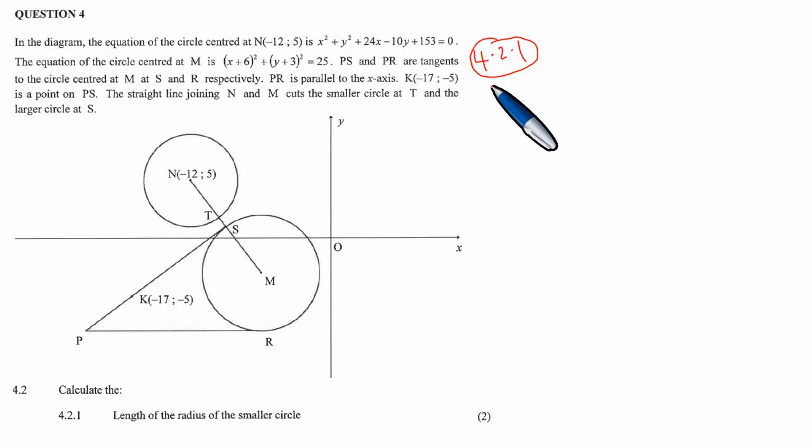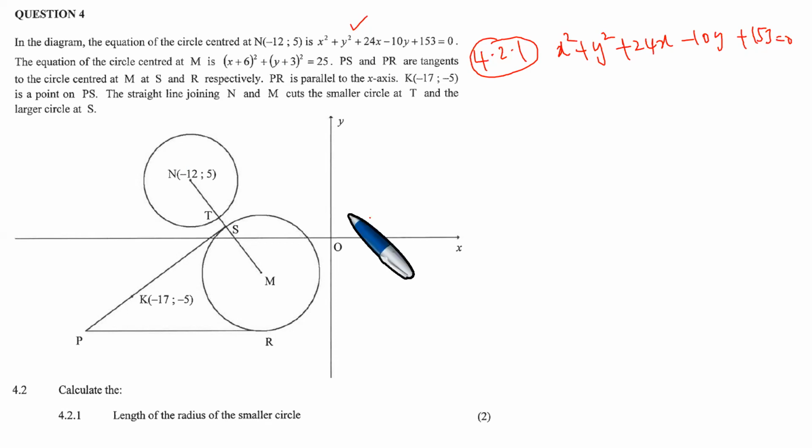This is the same as x squared plus y squared plus 24x minus 10y plus 153 equals 0, the circle centered at N.